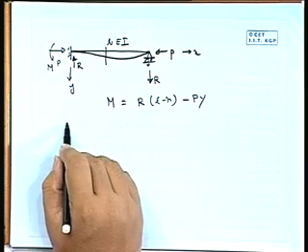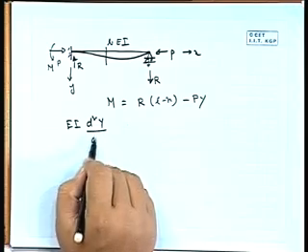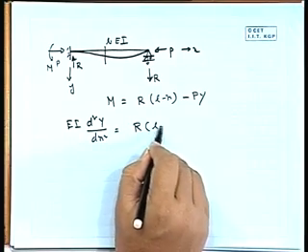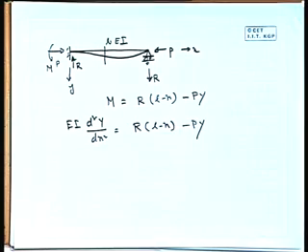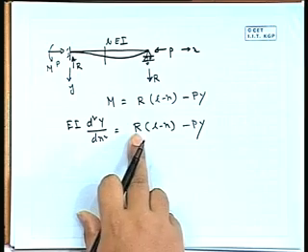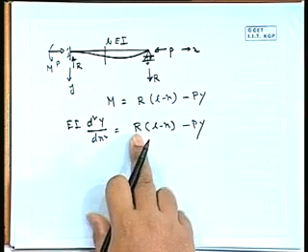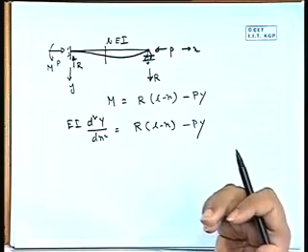Now if we write EI d2y by dx square, it will be simply R into L minus x minus P into y. Now here there is a quantity R that is not known. So if that is not there, it should be more or less like your earlier form.